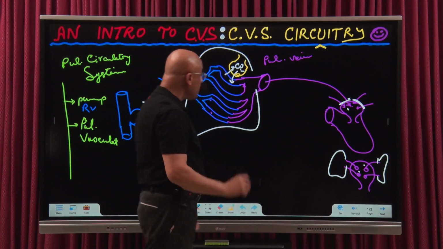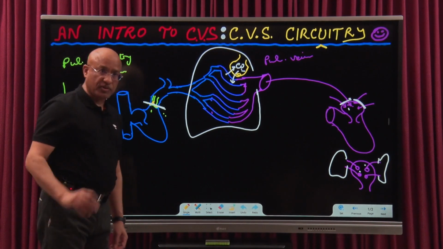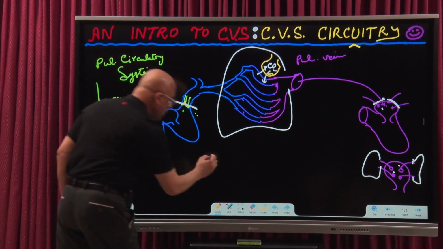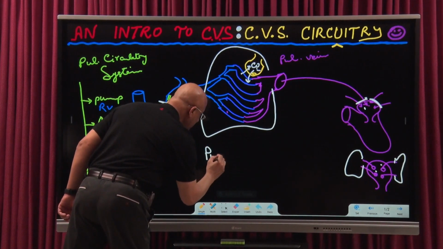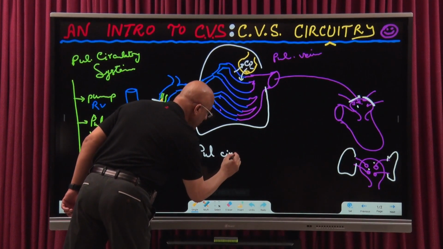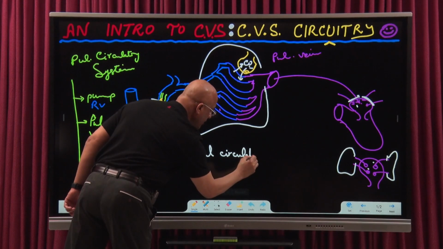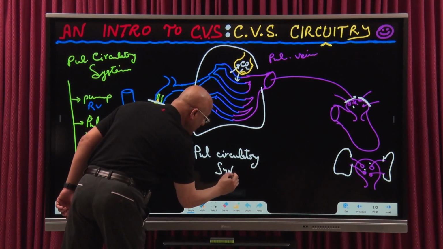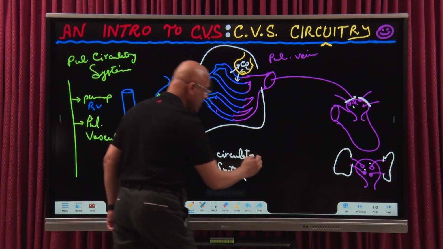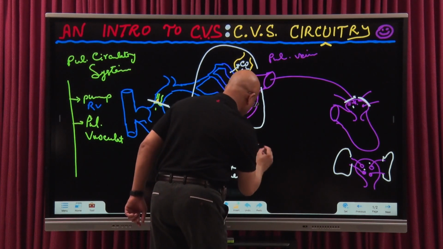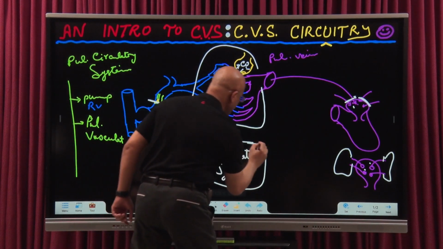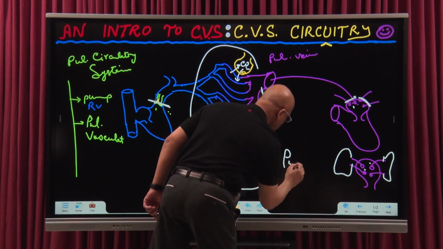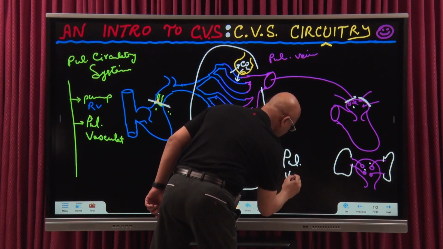right? But when we say pulmonary circulatory system, there is a difference between pulmonary circulatory system and pulmonary vasculature.